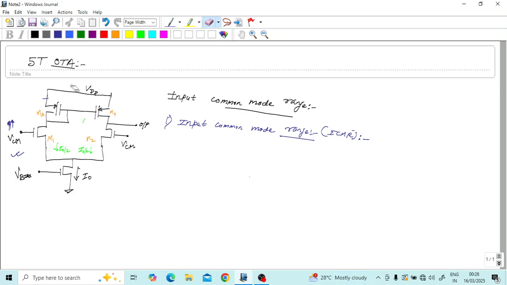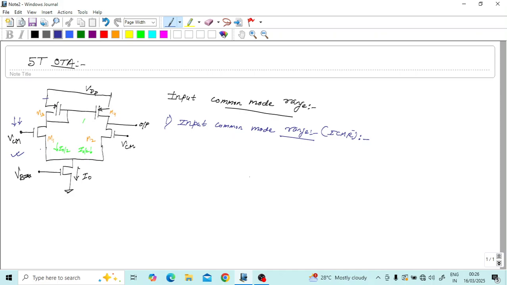So when I am decreasing the voltage here, since these two voltages are the same, as we decrease VCM we decrease the voltage at both inputs. So the current division will be equally half and half in these two branches.